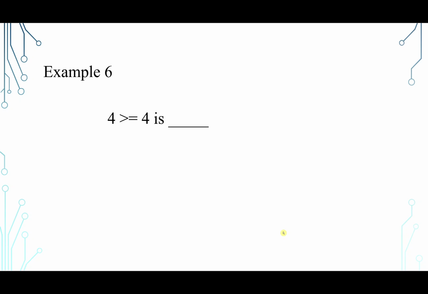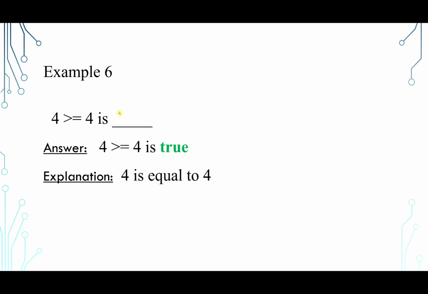Is 4 greater than or equal to 4? True. Why? Because we still have the equality. Whenever you say yes or no in the exam or worksheets, yes or no is not acceptable, because we only accept true or false.